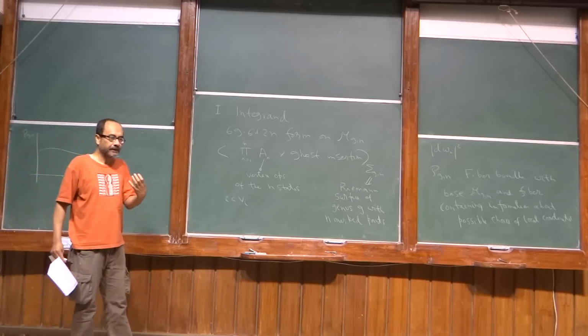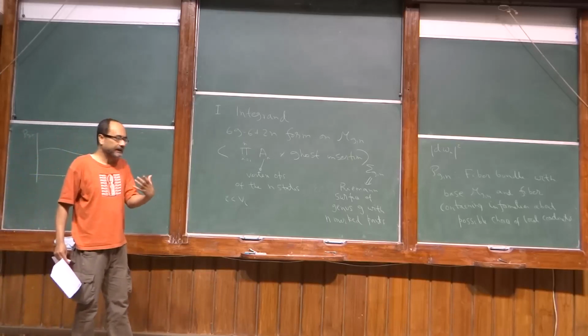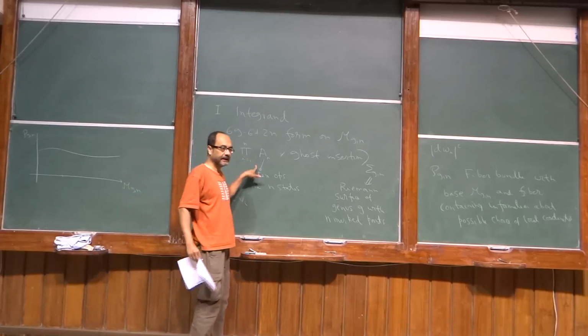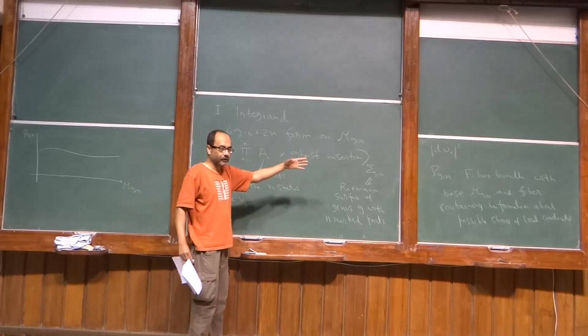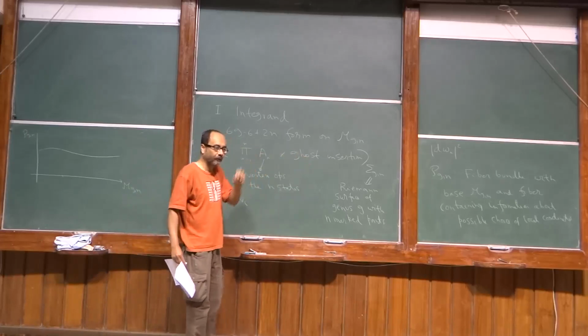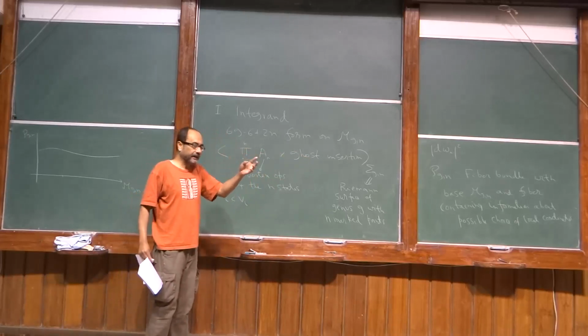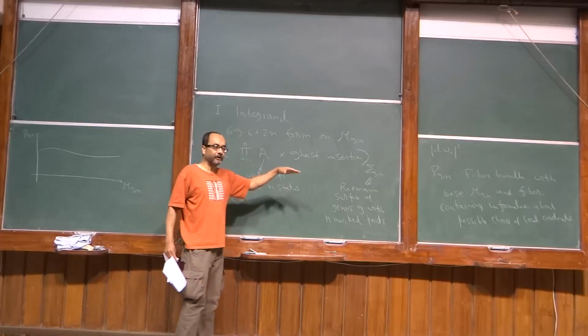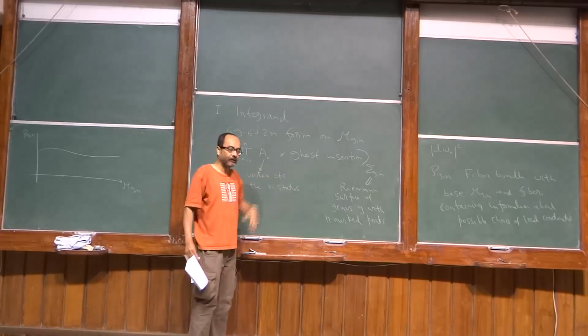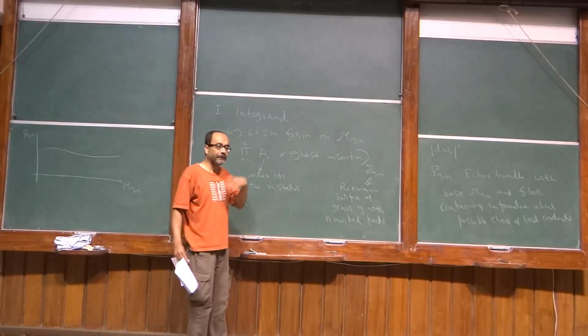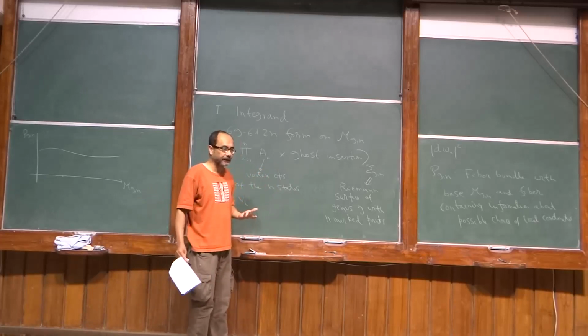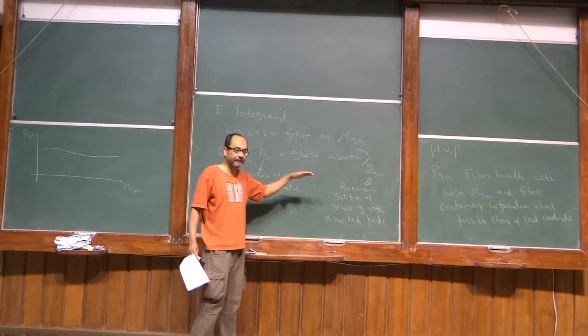If you change the local coordinates, these will change, and the integrand will change. So to define the integrand, you have to fix both the point on M_{g,n} as well as the point on P_{g,n}. And then when you want to define the integral over M_{g,n}, you are not going to define the integration over P_{g,n}. That's an infinite dimensional space. So the off-shell amplitude will still be described by an integral over M_{g,n}.